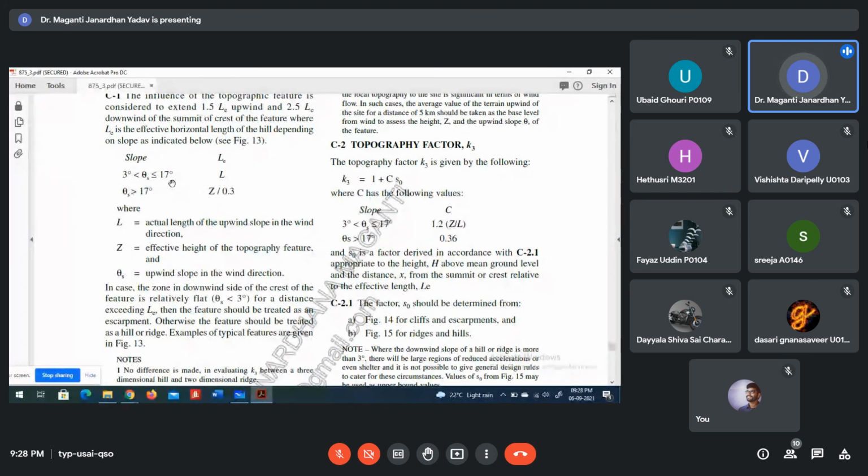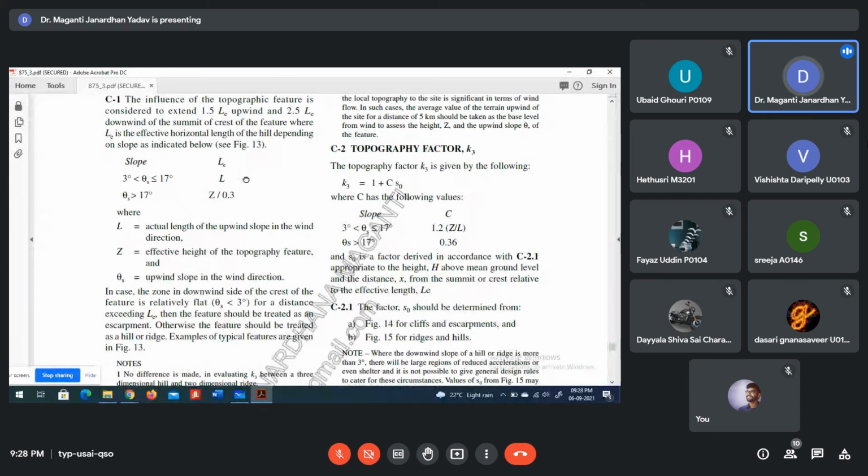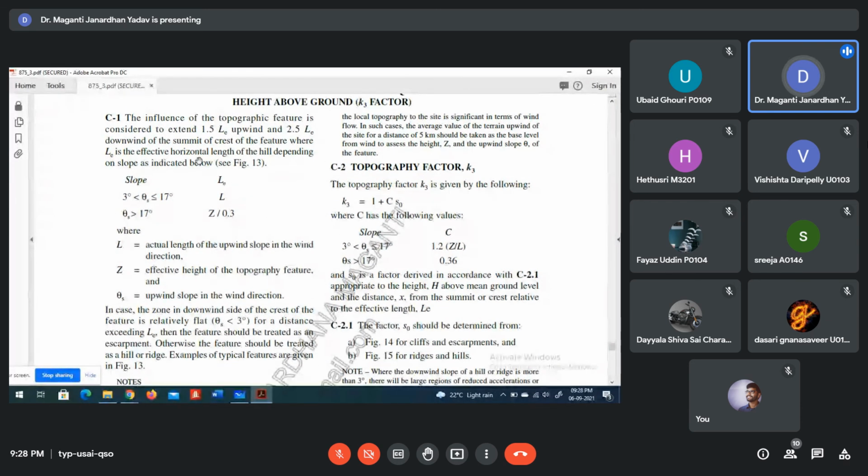Look at this here, Baba. Theta is within this range, thus LE, the effective horizontal length of the hill, is equal to L. If theta is more than 17 degrees, then it is different, Z by 0.3. Did you note it down?